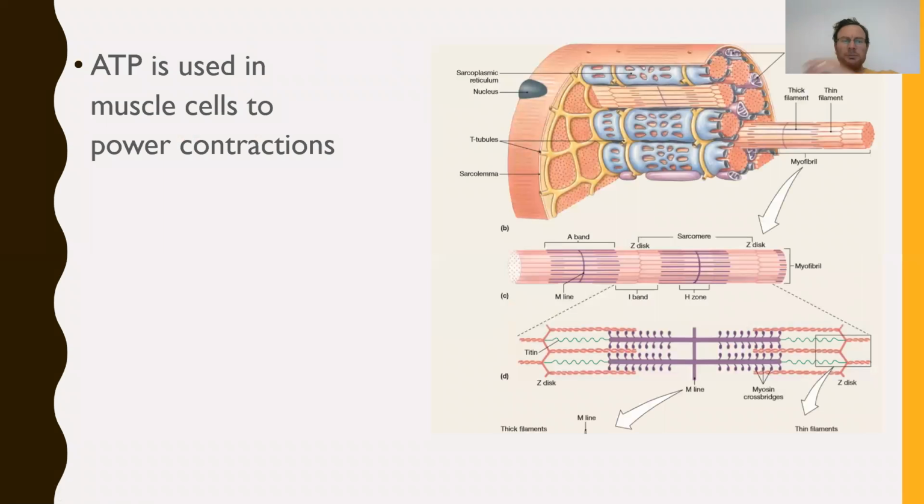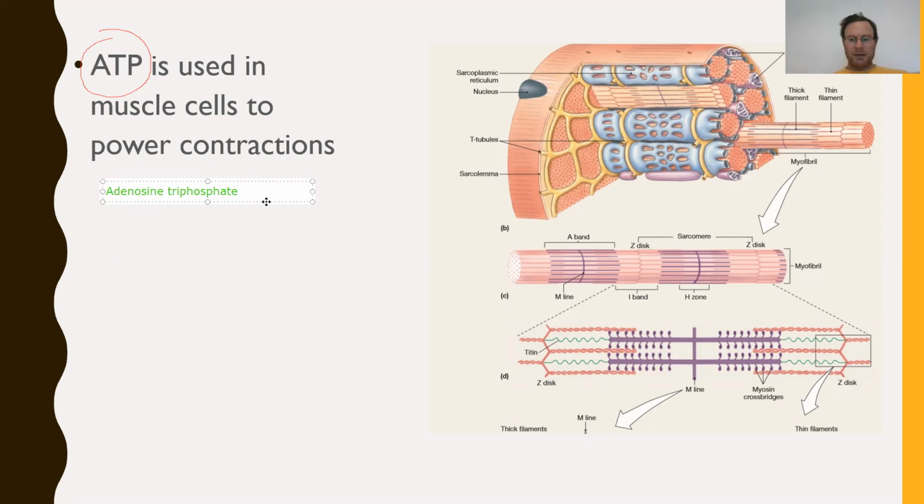So we talk about this concept of us having an energy currency. So our energy currency is a substance called ATP. So ATP is used in muscle cells to power contractions. Now, ATP is a substance called adenosine triphosphate.